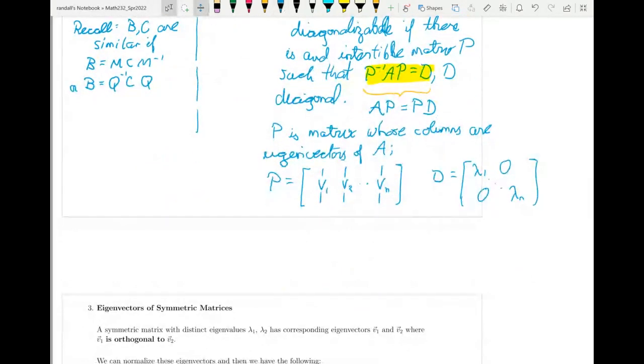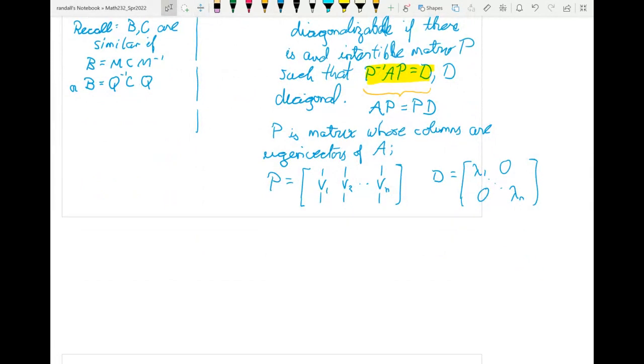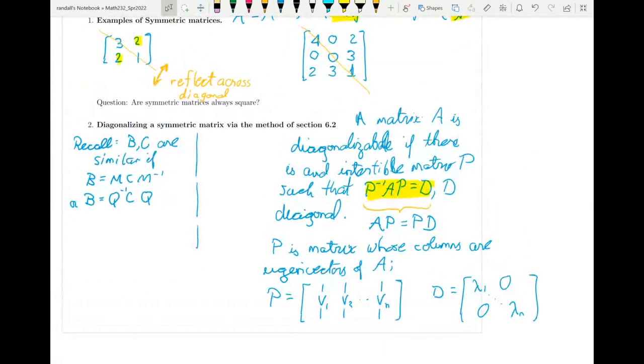Now, the similarity we write for a diagonalizable matrix is slightly different from the general notion of similar matrices, because here we have already identified the P that we need. It's this one that has columns that are eigenvectors.